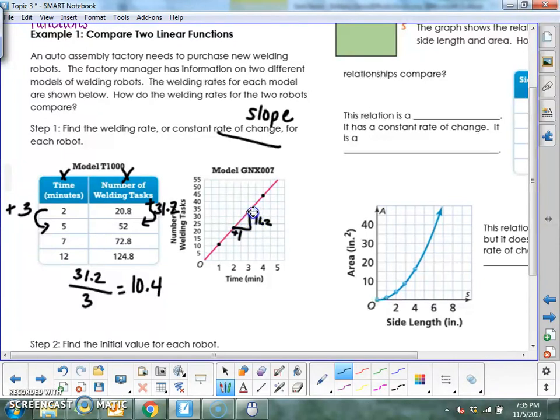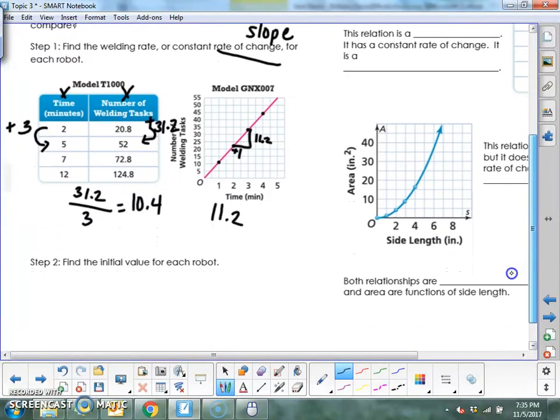So this went up 11.2 and over 1. My vertical change is 11.2 over 1, which is just 11.2. So here's my constant rate of change for Model T1000, and here's my constant rate of change for the Model GNX 007. The second step is to find the initial value and see where each robot started.